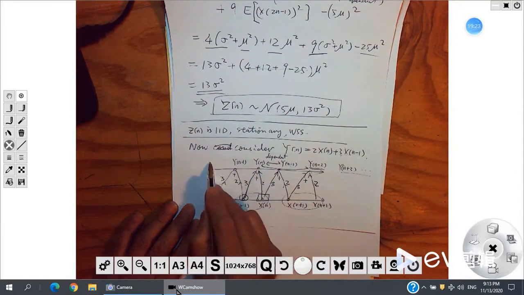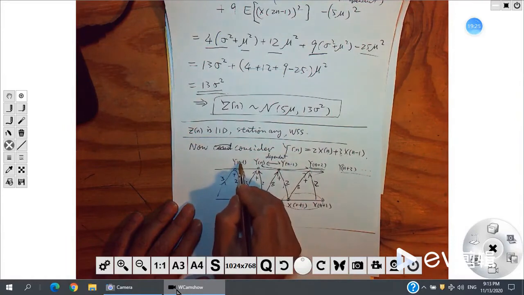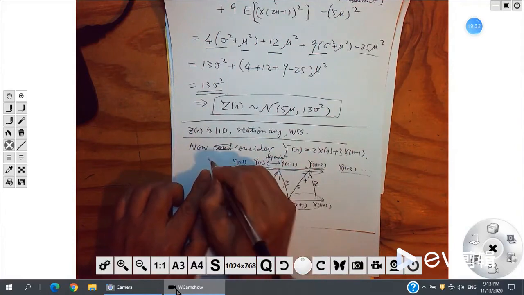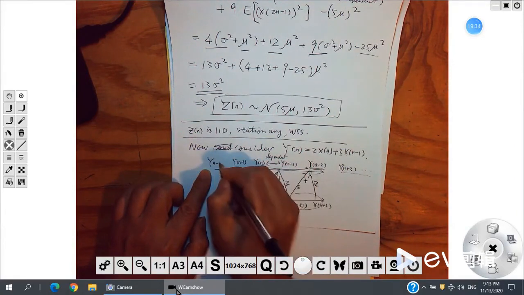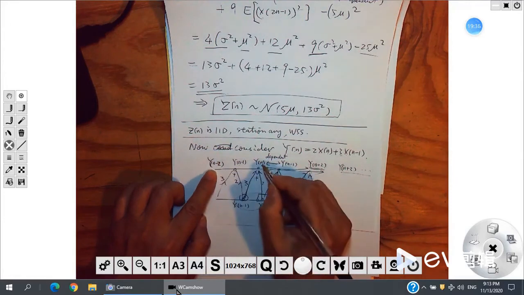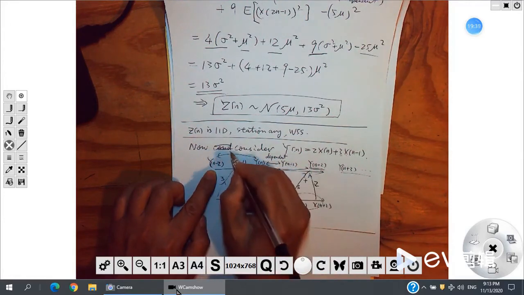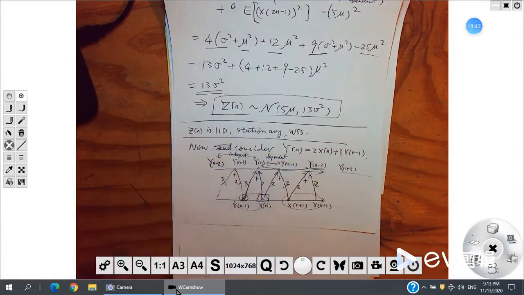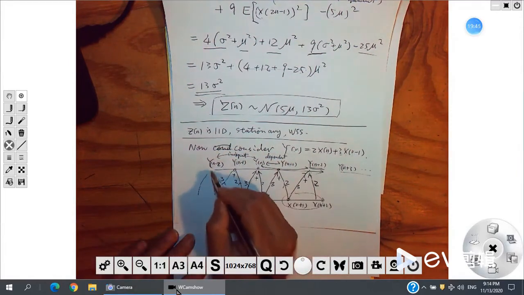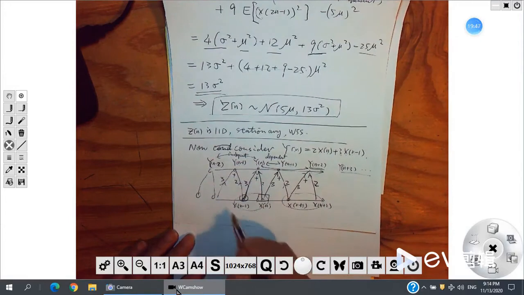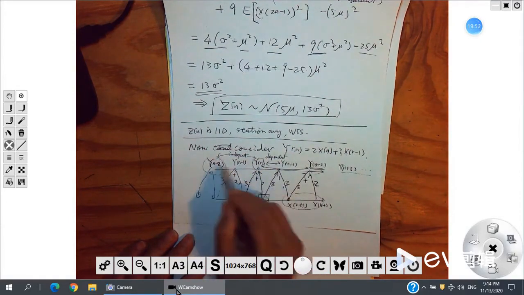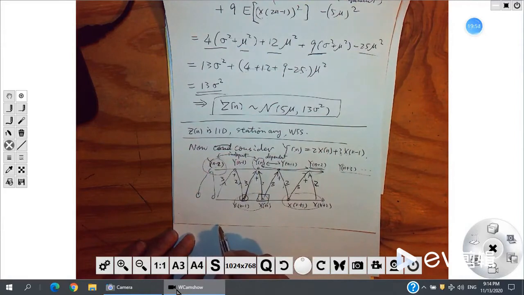But when you consider minus 2, going further in the negative direction, Y of n minus 2 and Y of n are independent. Makes sense, right? This one is combined from these two elements, so compared with Y of n, these two should be independent.